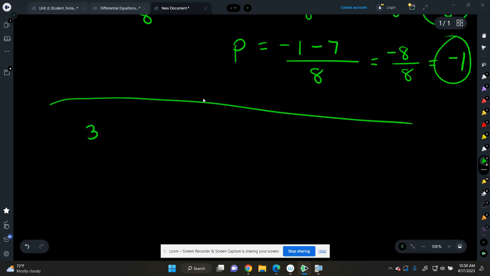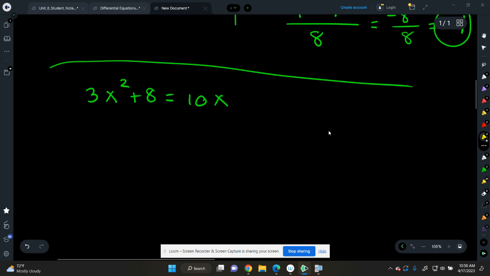We have 3x squared plus 8 equals 10x. Okay, what do we have to make sure of? It equals 0, right? Everything's on one side of the equal sign. So what am I going to move? The 10x. I'm going to move that over. When we move it over, what do we do?